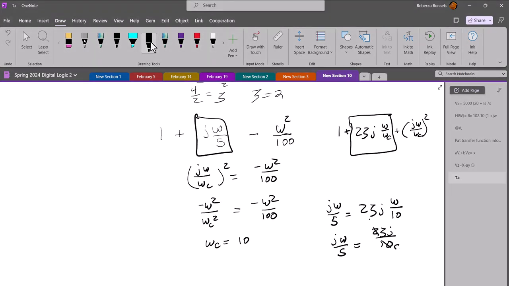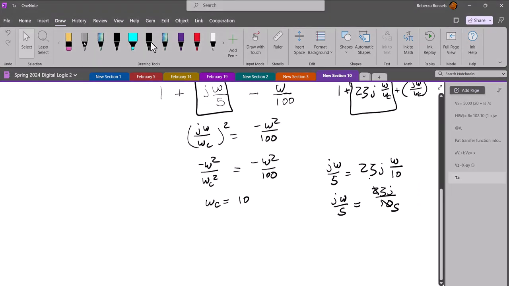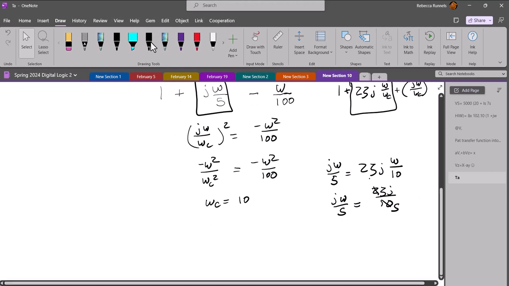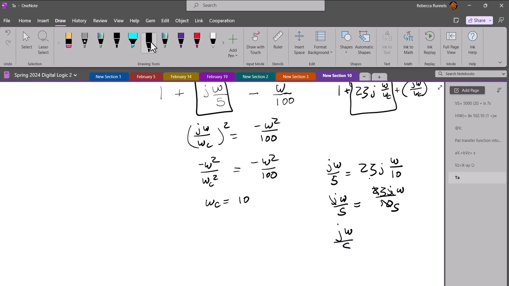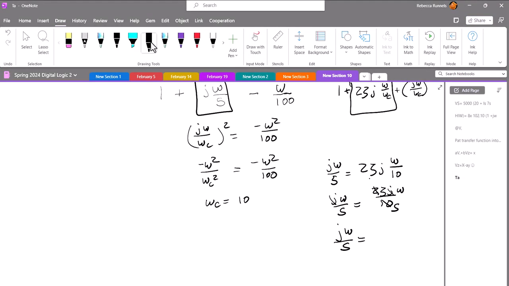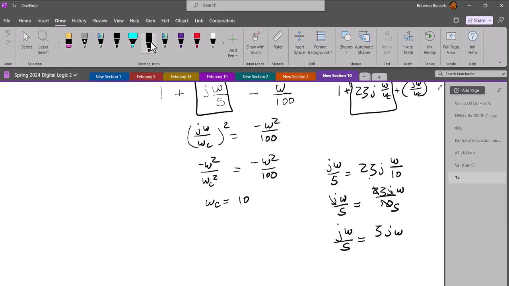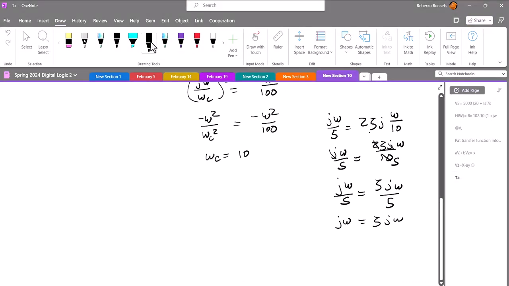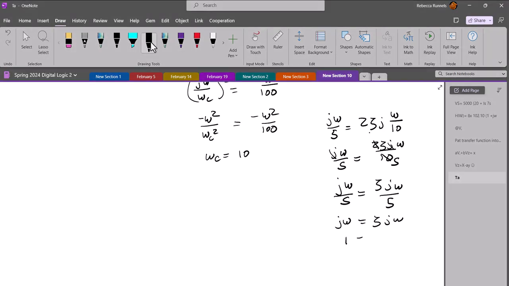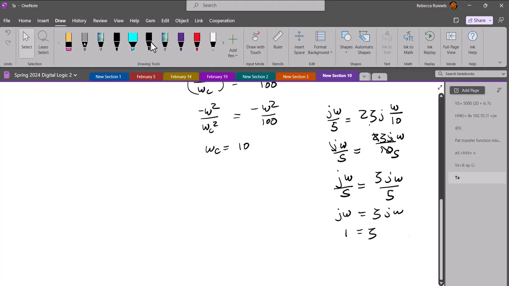The 2 can cancel with the 10, and I have 5. So I can cancel j from both sides. I had an omega over here too. Let me write that a little neater. So j omega over 5 equals zeta j omega over 5. Well, from here, it's clear that j omega has to equal zeta j omega. Divide both sides by j omega, and 1 equals zeta.